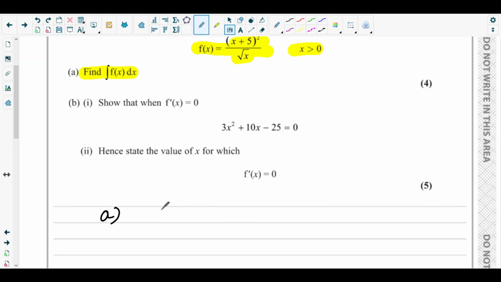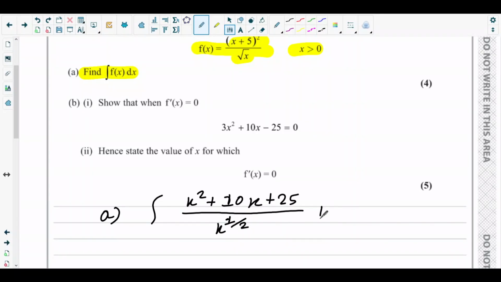So let's simplify f of x first. How can we simplify it? At first, expand the bracket. So x squared plus twice ab, which is 10x, plus 25, over square root of x, which is x to the power half. Make the power visible.